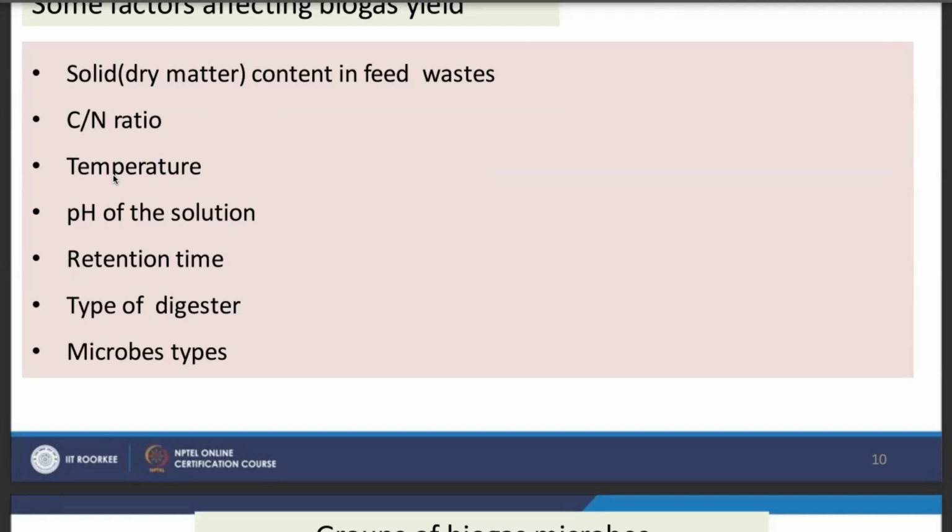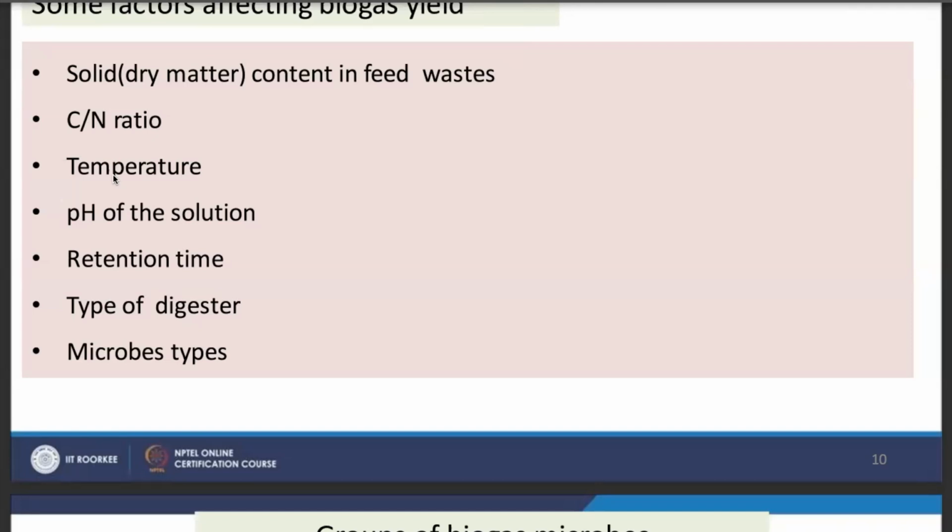Next is the retention time. Retention time is a factor which highly affects the yield, not only in anaerobic digestion, but all other processes, right? Then the type of digester. We will discuss further that there are different types of digester, and each digester has a different preference for the material which they are able to convert into biogas. And the last one is the microbe types.